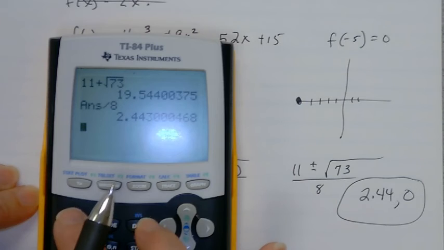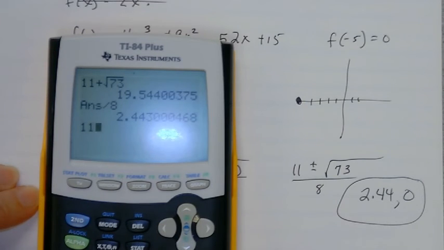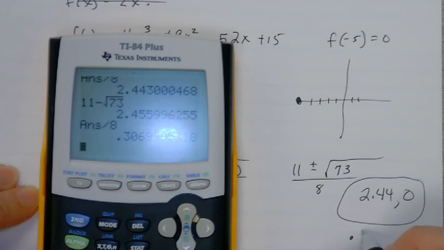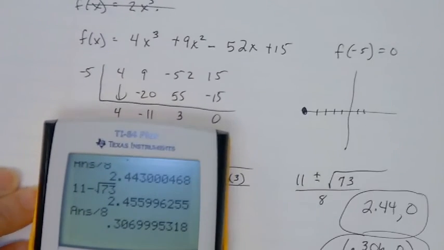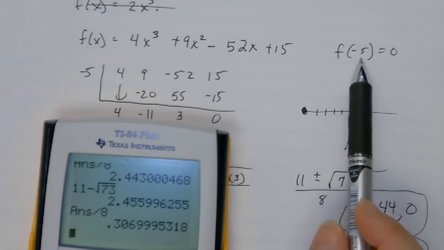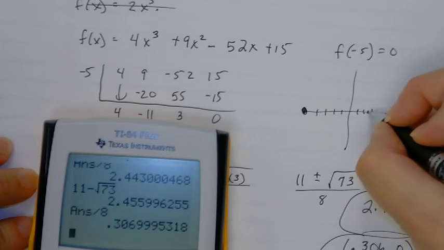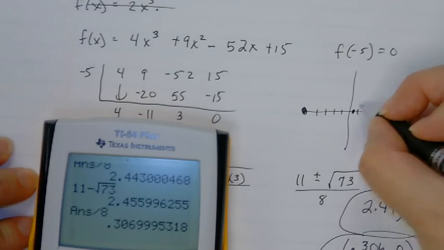The other zero is when I have 11 minus square root 73 divided by 8. So 0.306. So there's the other zeros. Notice I have 3 zeros. Only one of them is an integer. These are rational numbers. They're decimals. So it's going to cross around 2.44 and around 0.36.